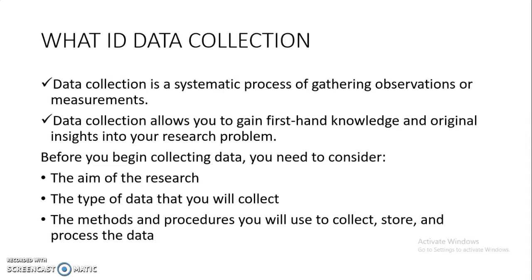So we don't expect researchers to go to the field in the name of collecting data when they have not put this into consideration. You see that you need to consider those three aspects before you embark on collecting data. So I would like to talk about them.